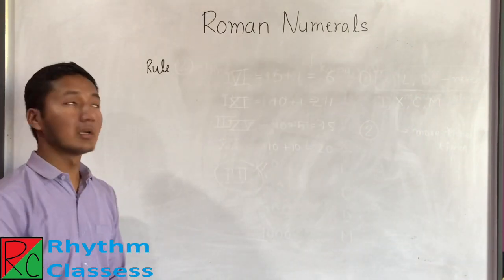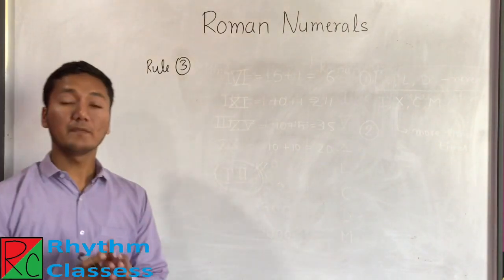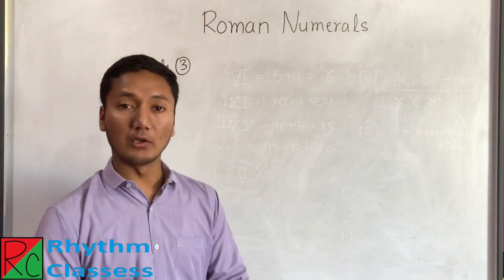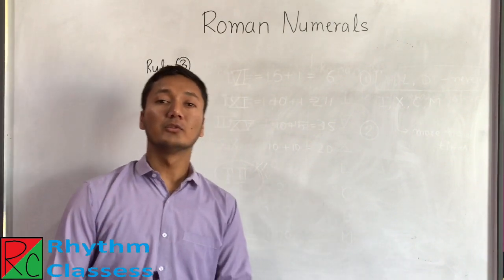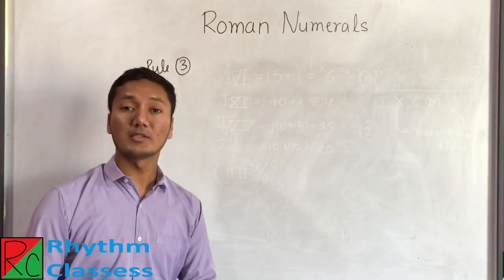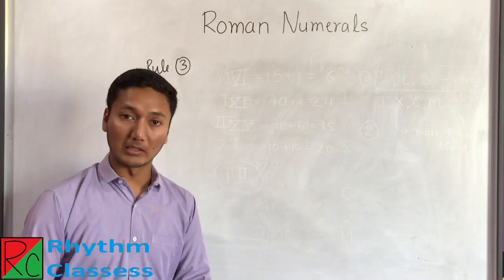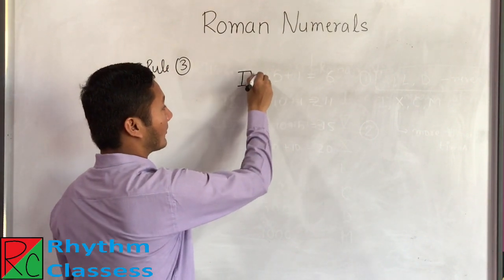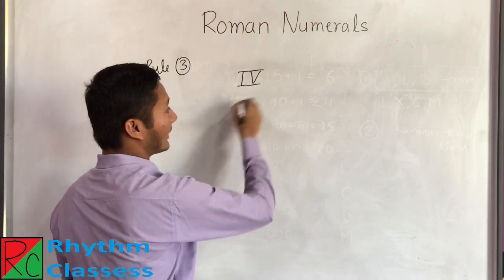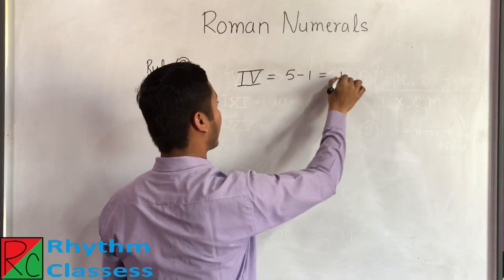Now, rule number 3. If a symbol of smaller value is written to the left of a greater value, then its value is subtracted from the value of the greater symbol. That means if we write I to the left of V, it becomes 5 minus 1, and it becomes 4.